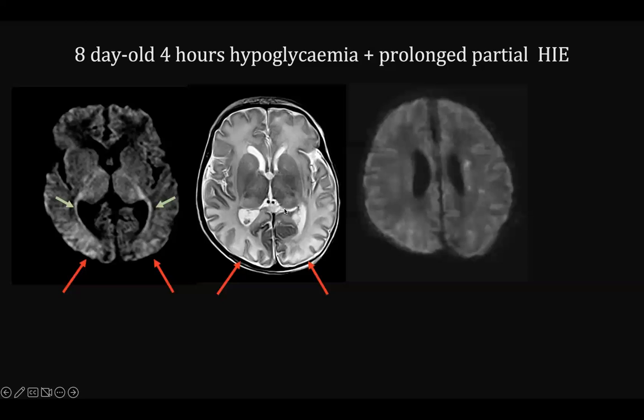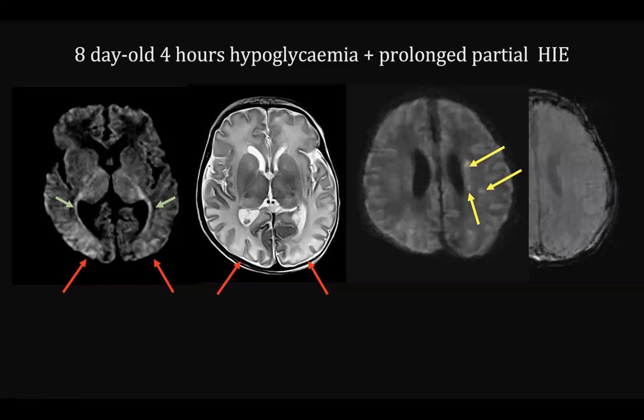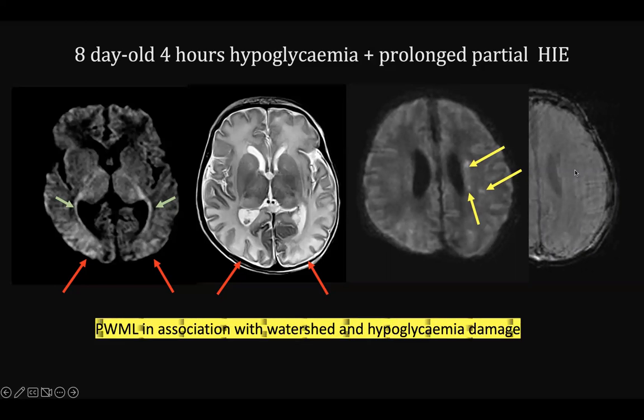But looking a bit more cranially, you can see also these three punctate white matter lesions showing diffusion restriction. Again, they don't have susceptibility, so probably these are areas of gliosis. So again, they can be associated with other forms of neonatal encephalopathy.